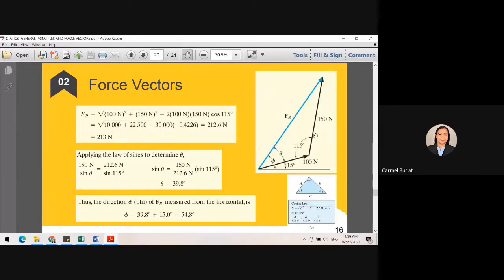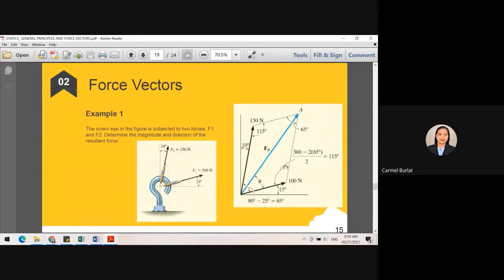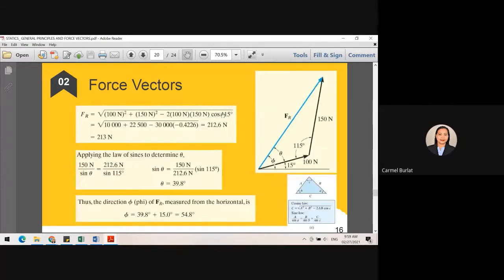So this is the c, opposite sa imuhang c. And your c is your FR. So opposite ani is ang angle 115. That is why you have your cosine 115. So FR, using cosine law, you will get FR is equal to 213.